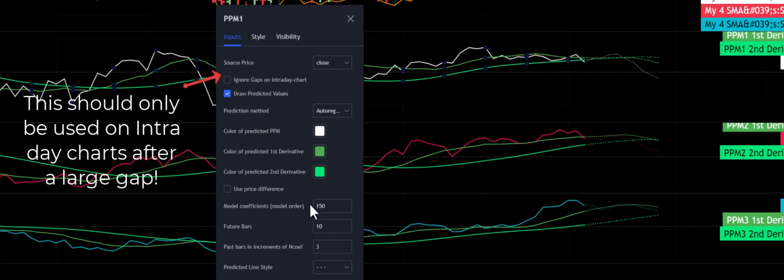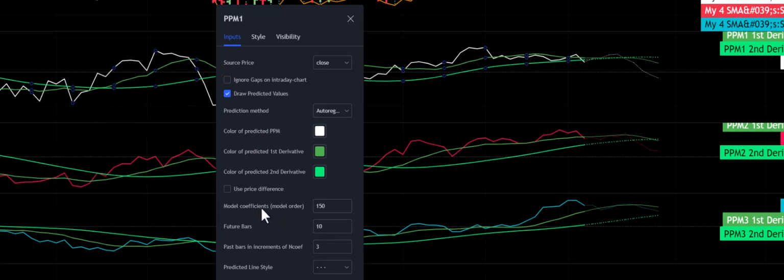But as we look at some of the other settings here, this is the way I would set it. The model coefficient is set to 150. This is the default. Future bars I have set to 10. Make sure those are set right. And past bars in increment of is at 3, and then there's only one style.